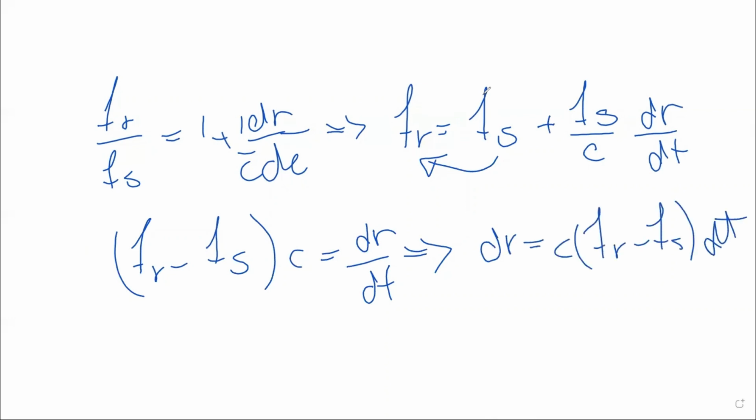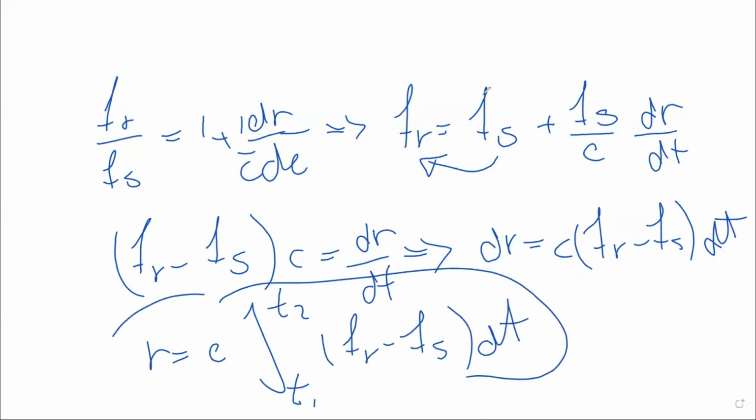Then I can write that R is the integral from T1 to T2, which is in fact the first position of the satellite and the second position of the satellite.